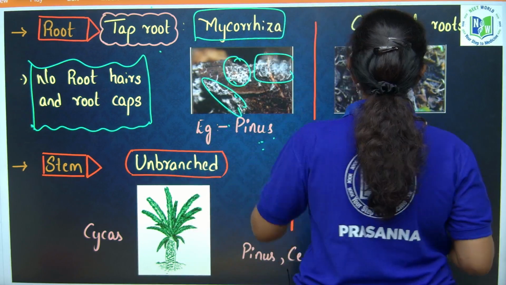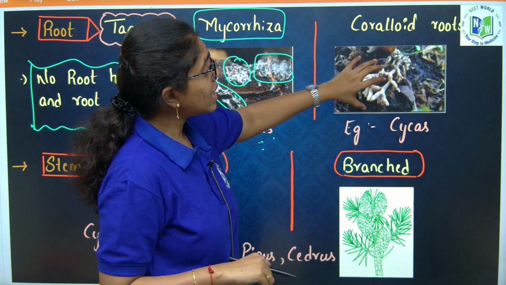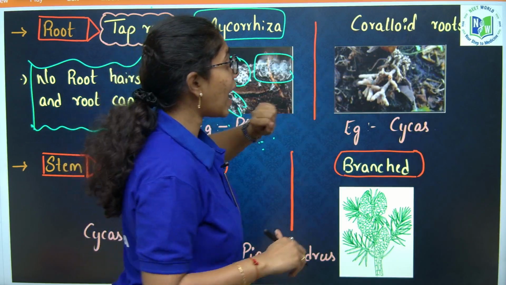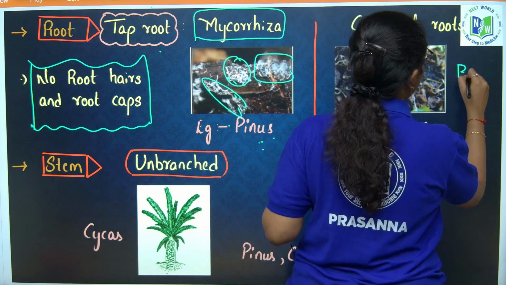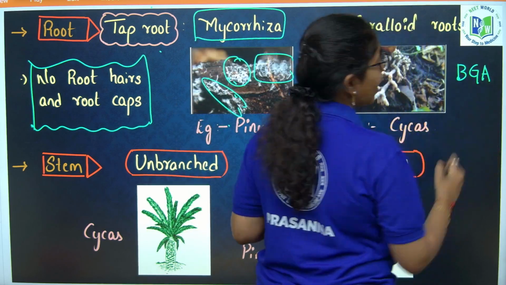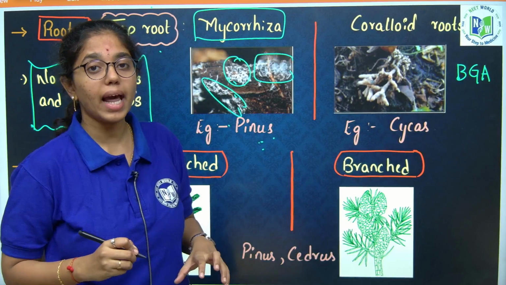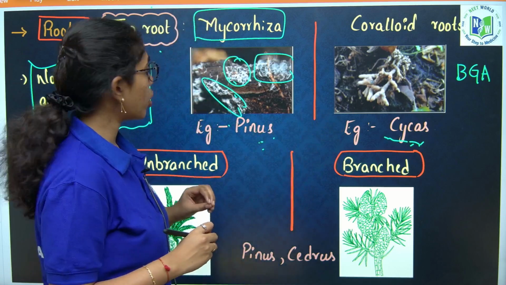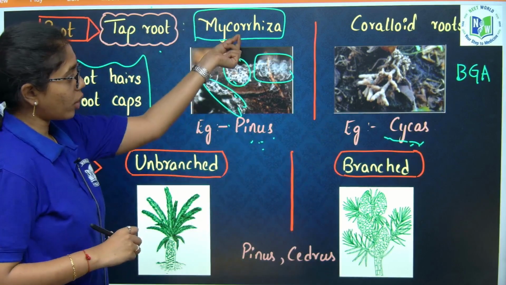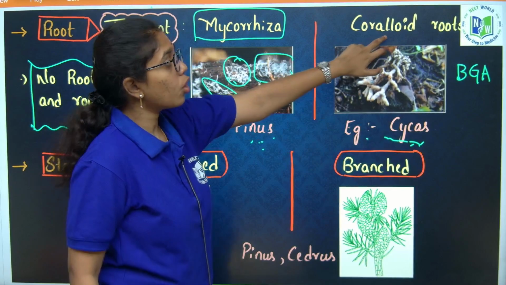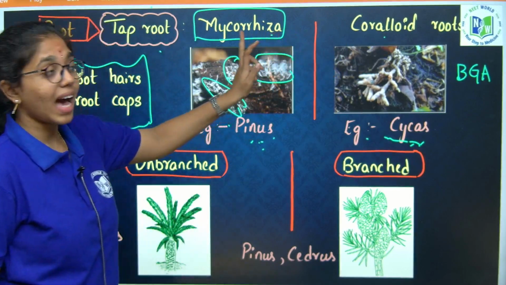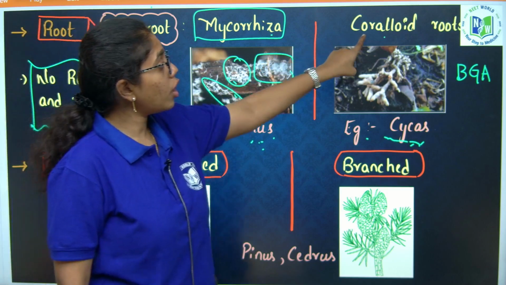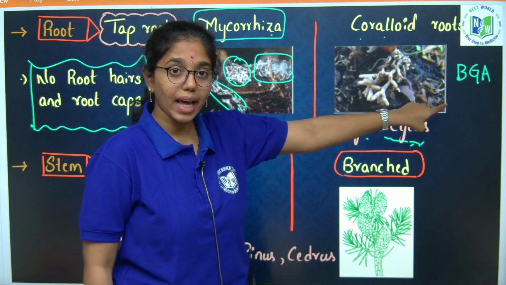And if you look into the coralloid roots, these are the roots of Cycas in association with blue-green algae, which is also called cyanobacteria. So what you need to remember here: Pinus will show mycorrhiza, Cycas will show coralloid roots. Mycorrhiza is association with fungus, coralloid roots are association with blue-green algae.